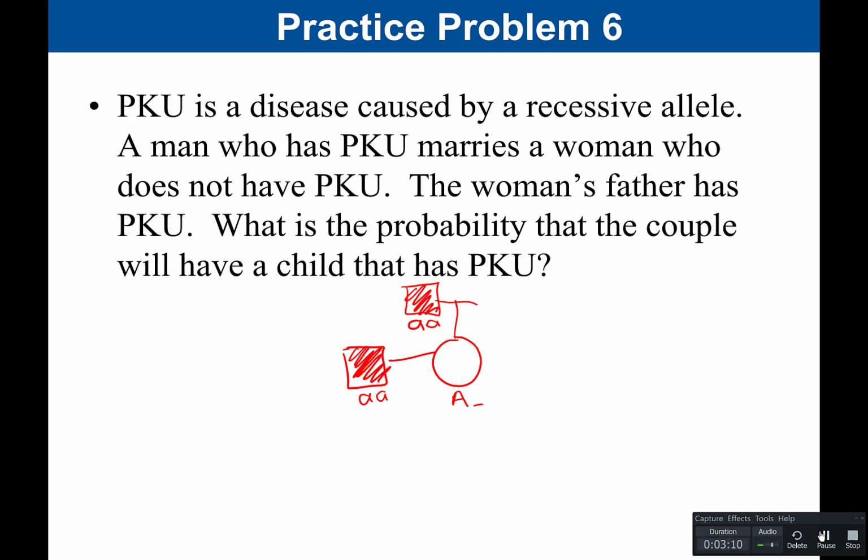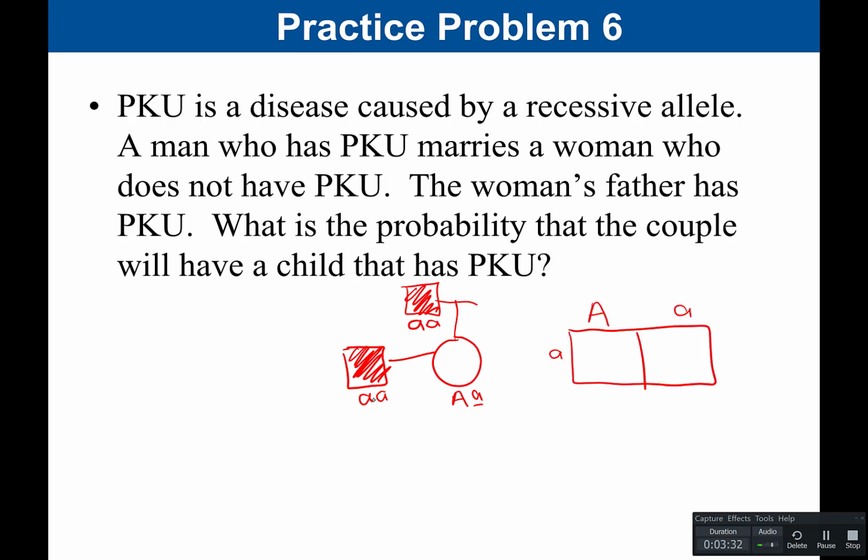Now notice her dad has PKU. What does her second allele have to be? Her second allele has to be a little a, because that's all dad can give. That's his only choice. So she is big A, little a.